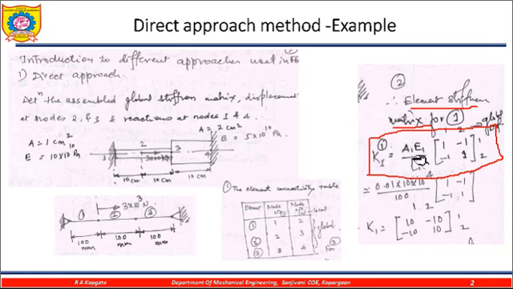So K1 is equal to A1 E1 upon L1 times the matrix [1 -1; -1 1]. You may ask, sir, how do we get this formula? It is already derived. Whenever you have seen the bar problem, that is the element stiffness matrix formula.